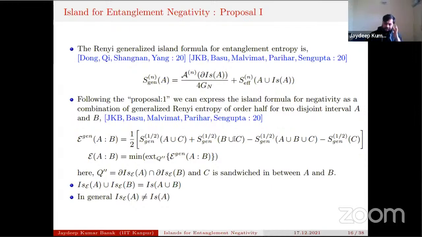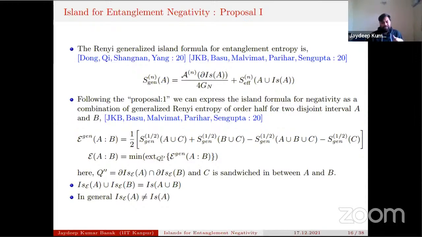Here we consider the two disjoint intervals A and B. Of course, C is there, but C is sandwiched in between A and B. And in that scenario, we can write generalized negativity as half of the special combination of generalized Renyi entropy of order half. Now, when we have this, we can take this answer and extremize over the Q double prime surface. And if we get more than one solution, then we will take the minimum answer, and that will be my island corrected formula for negativity.